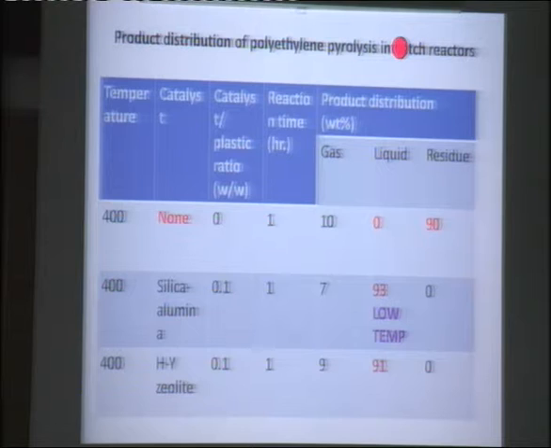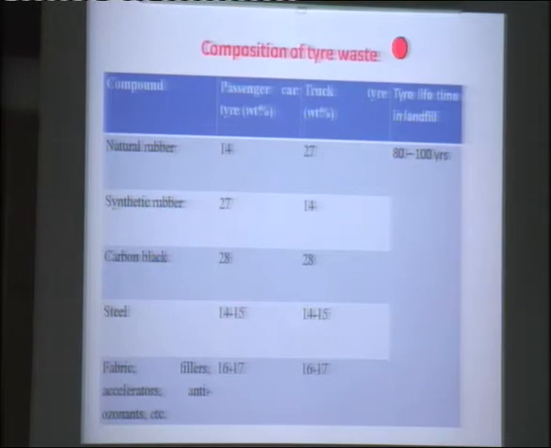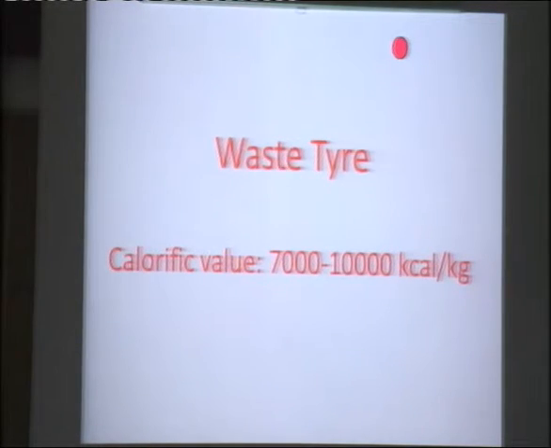But if you use higher temperature, this is 450 degrees centigrade, you will get more gas and less liquid. So see, I told you this is the percentage of gas you get, and these are the gases that have been shown here. Okay? So this is the C4, C5, C6, and these are the things you get. FCC catalyst. Next.